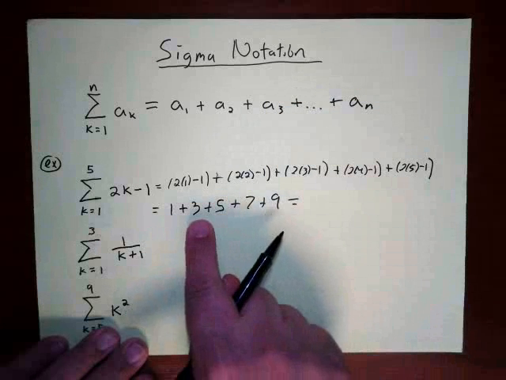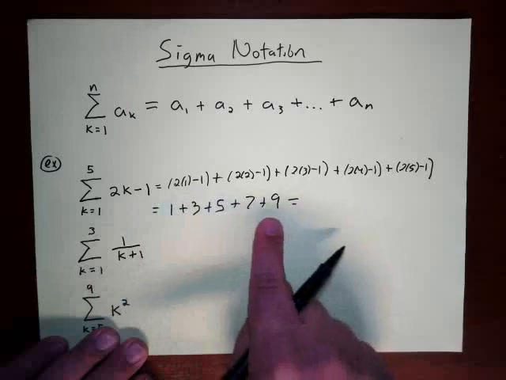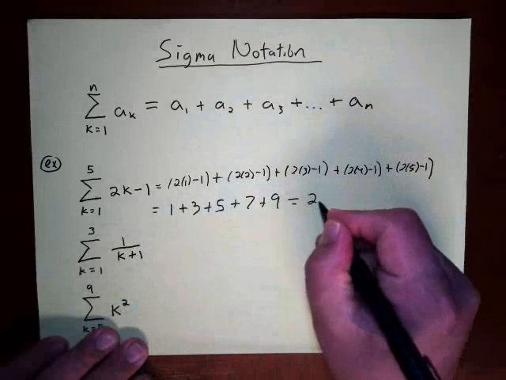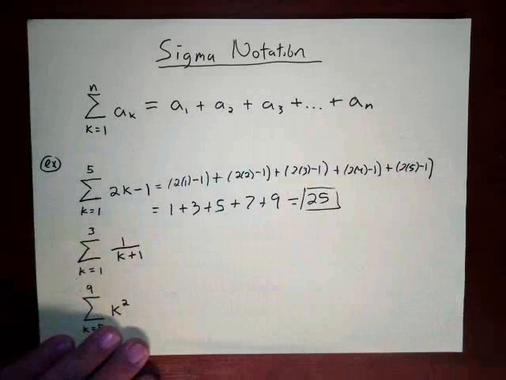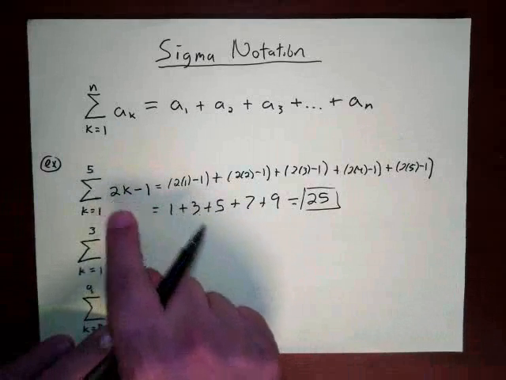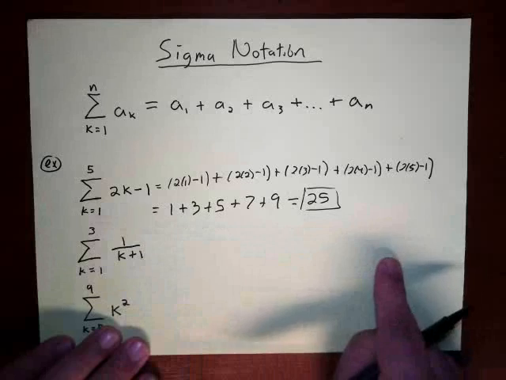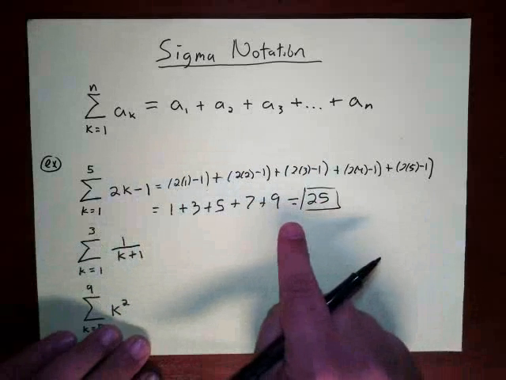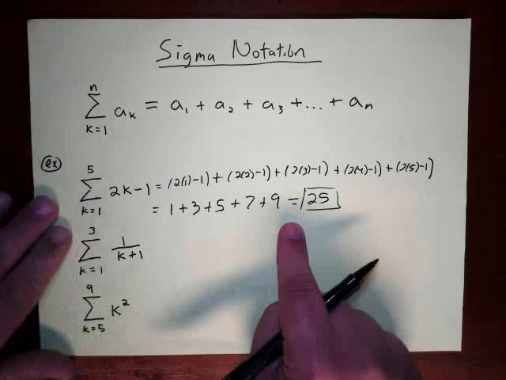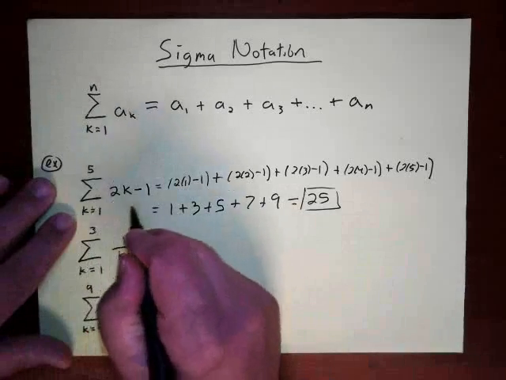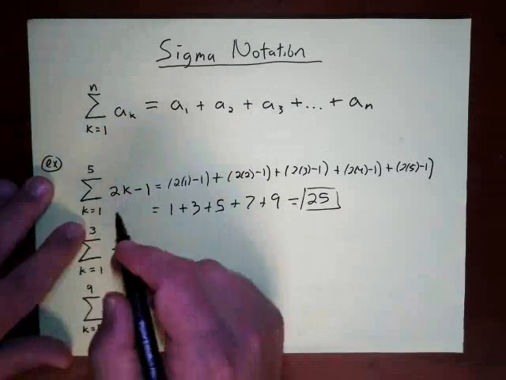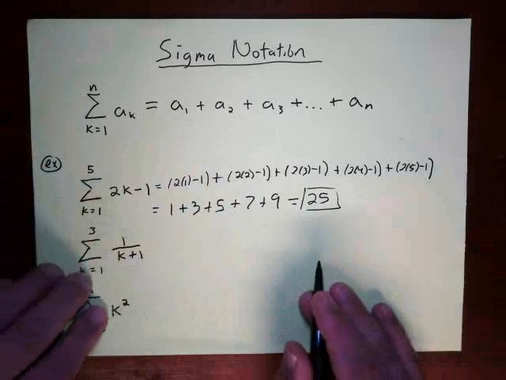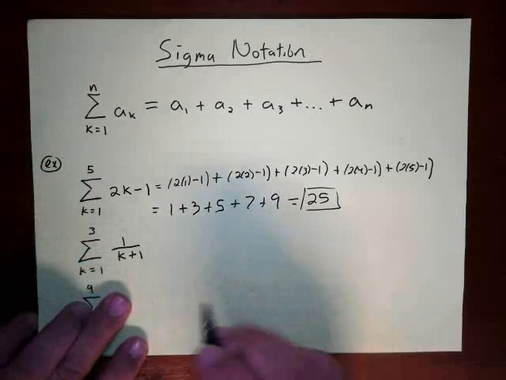And this would be 1 plus 3 is 4, plus 5 is 9, plus 7 is 16, plus 9 is 25. I get the sum there. Oftentimes these are expressing a certain sum, and this was the sum of the first 5 odd numbers. This is an expression for an odd number, and for each value of k you get the next odd number.